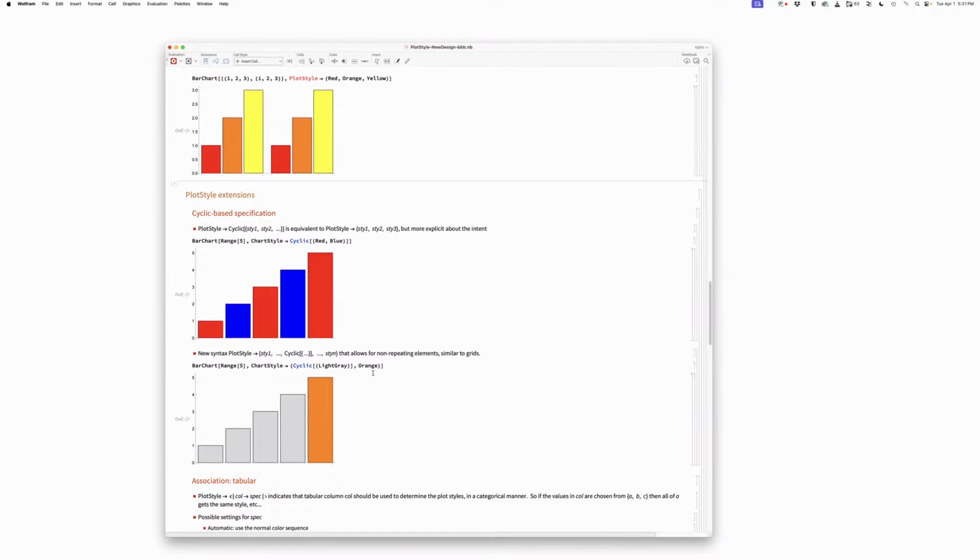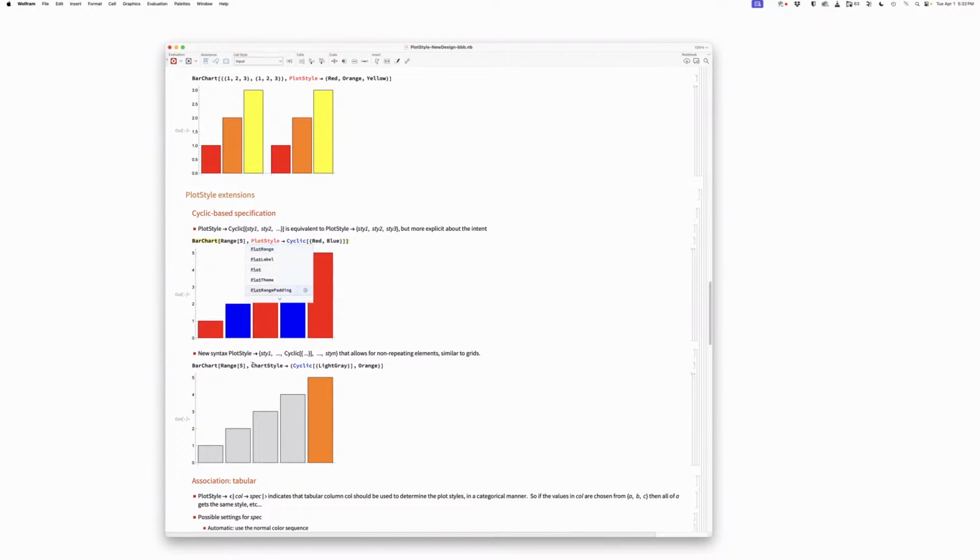Yeah, the one below it though, there's not really a way to do that right now with chart style without, oh, that says chart style instead of plot style. You mean plot style here? Yeah, exactly.